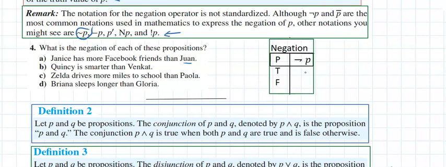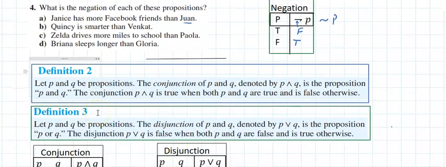Now, the truth table. We're going to be doing truth tables as we do logic. Again, this is the symbol they use. I'm going to be using this. So, if P is true, then the negation of that is false. And if the proposition is false, the negation of that is true.